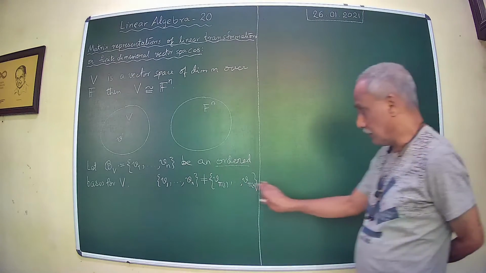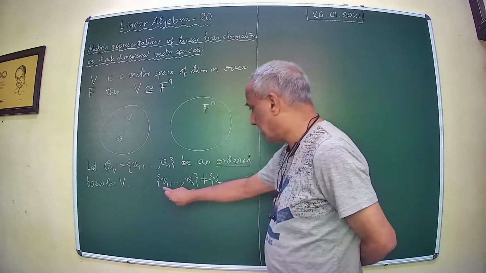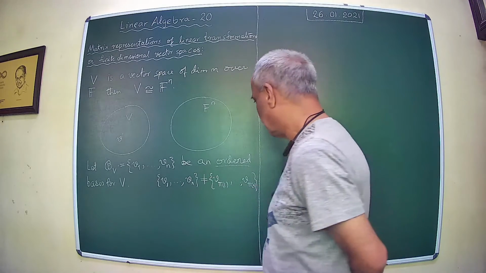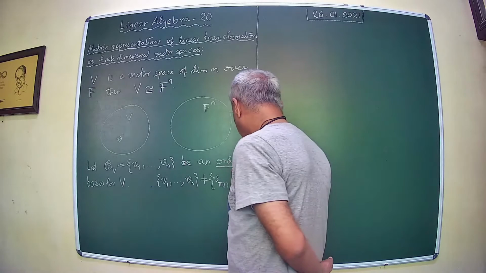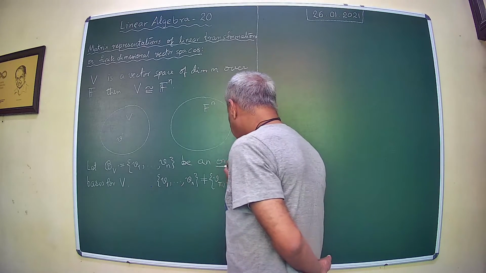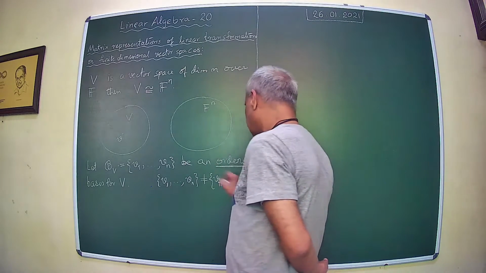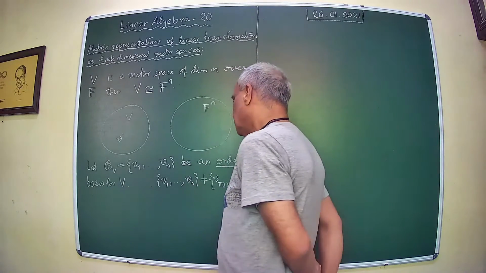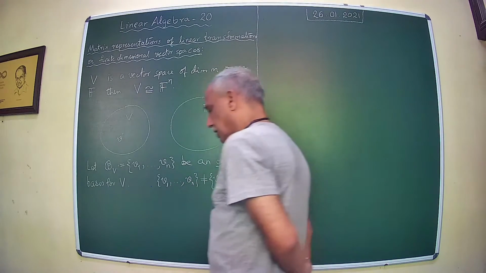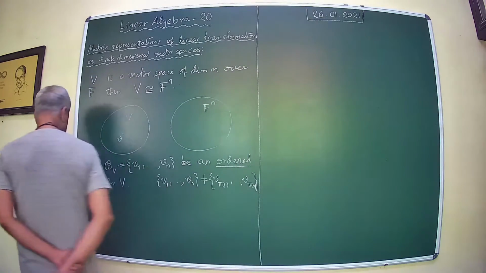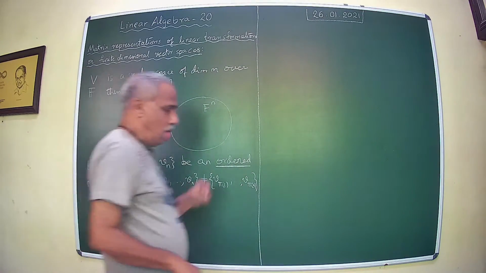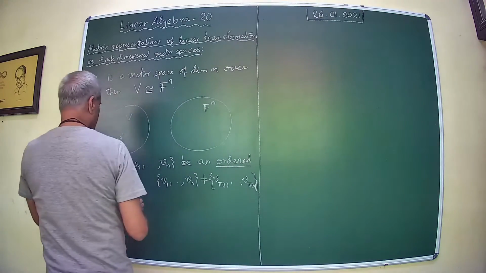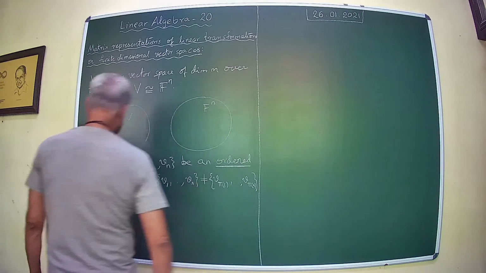That means the sequence in which v1, v2, etc., vn appear is important. That's why we have used the word ordered. It's not merely the set theoretic equivalence of the set. For instance, these two sets are the same, but the order in which they are placed is very important.